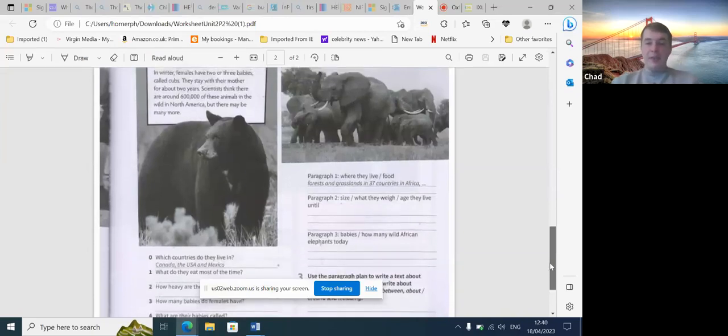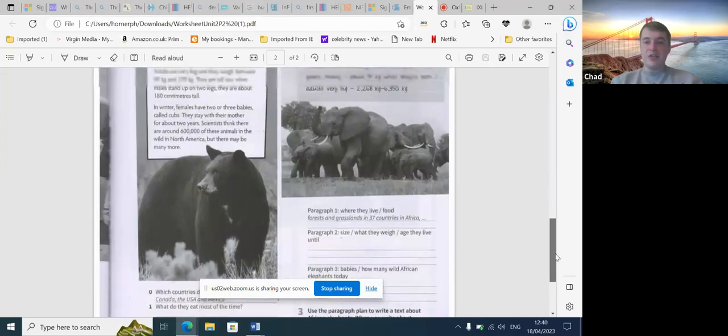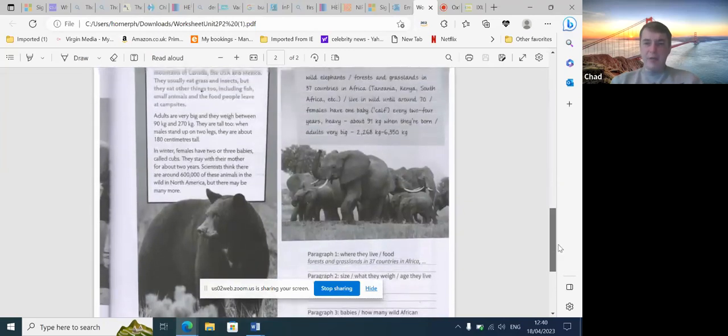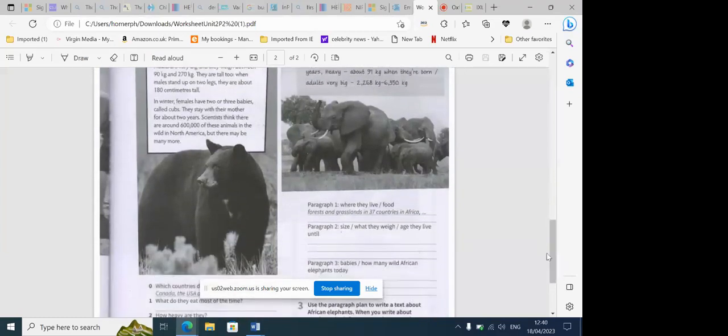So with the last paragraph, babies, how many wild African elephants today? We actually already covered the baby. Okay, so Min, could you do the last part?